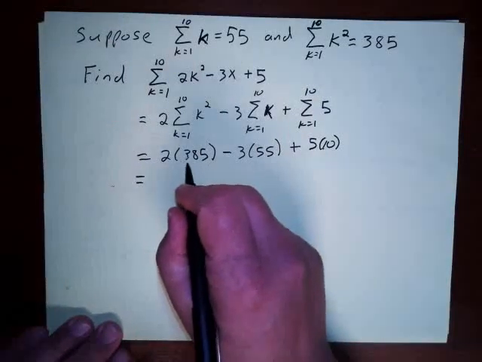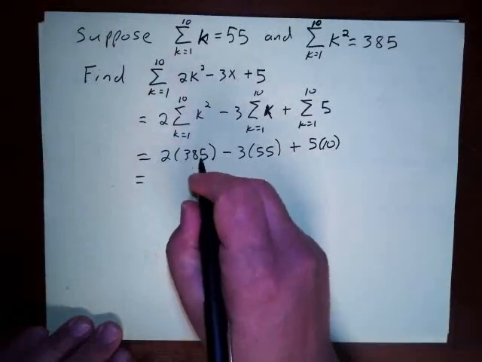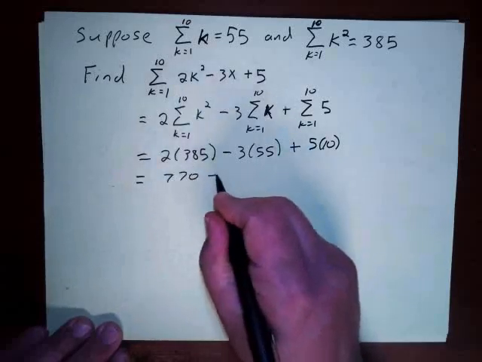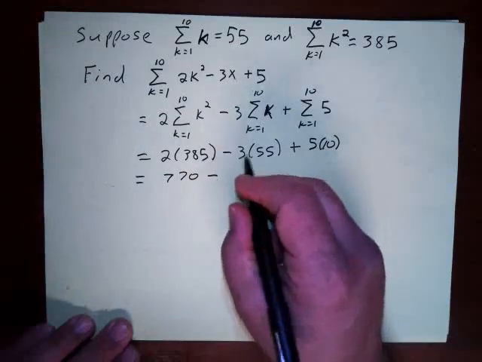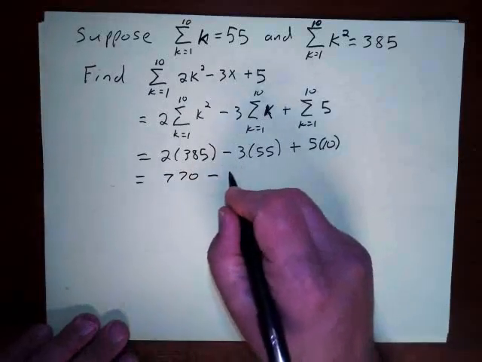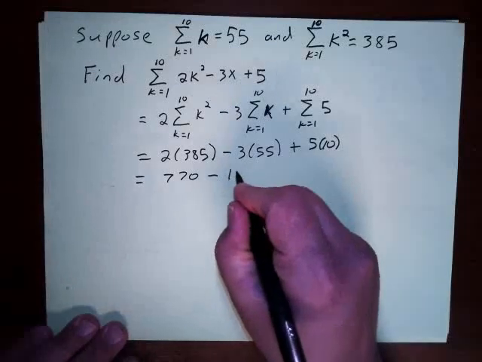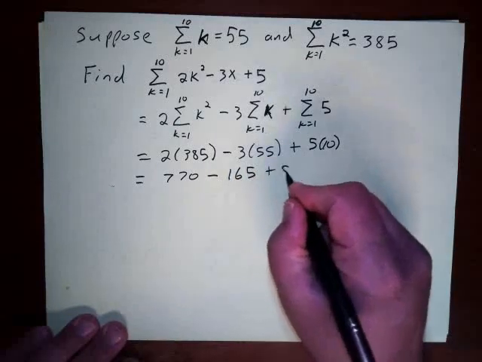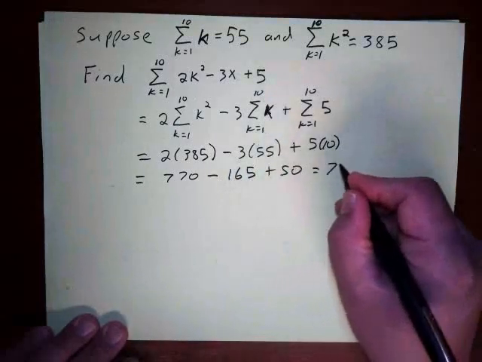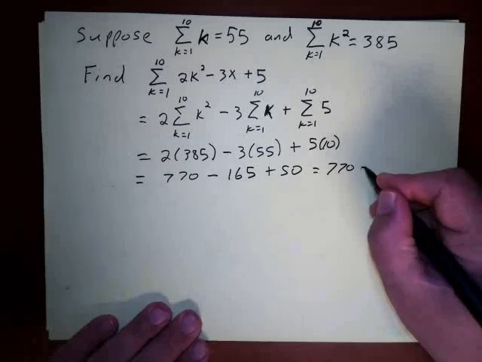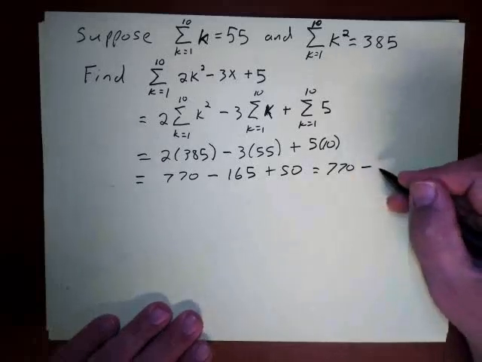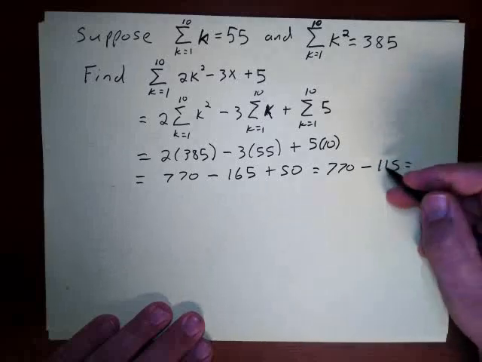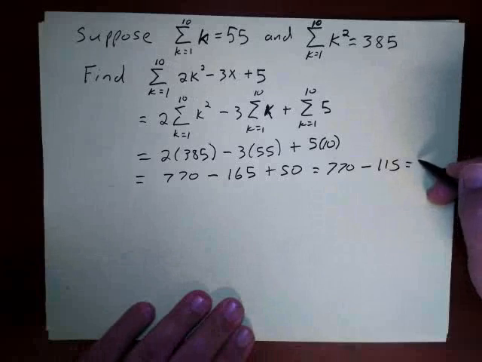This would be 700, and then 35 and 35 is 70, so I think that's 770, minus 3 times 55, which is 165, plus 50. So this would be 770 minus 115, and so that would bring it to 670 minus 15.